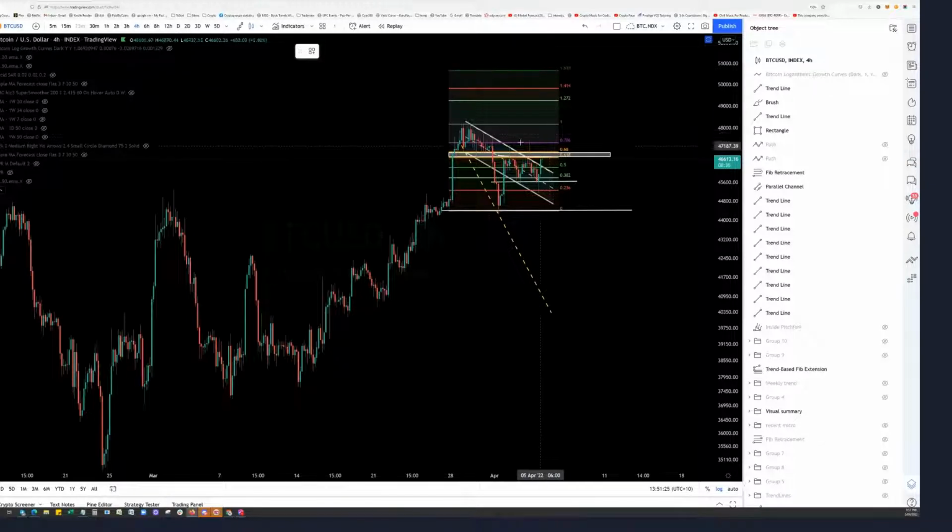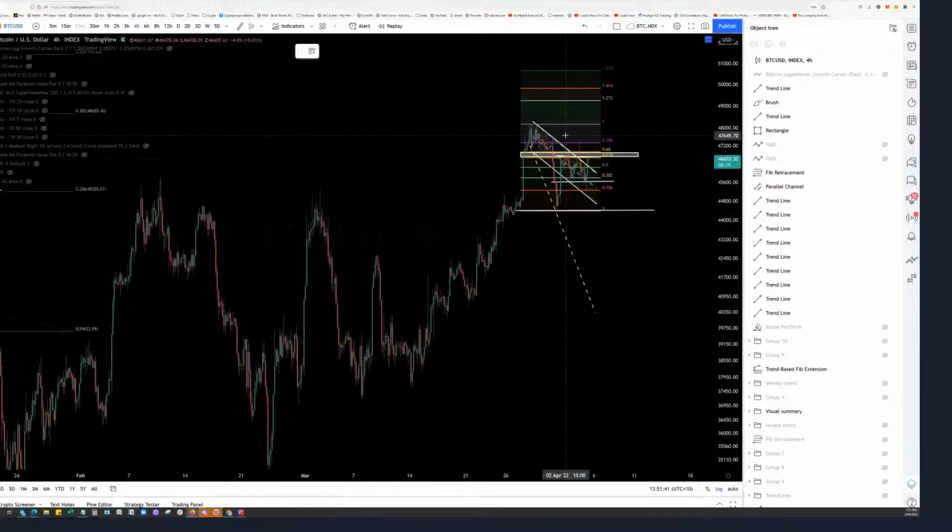And you can see by using this local high, we can potentially go to 50,700, in between the 1.414 to 1.618 fib extension, which has confluence with what I said before from support and resistance levels on the macro level.